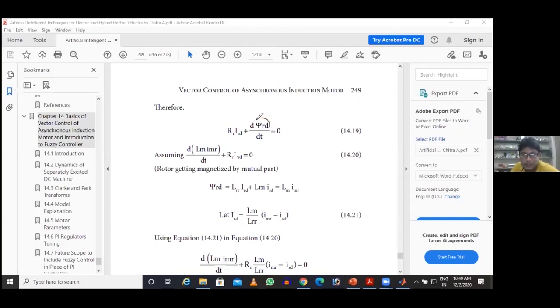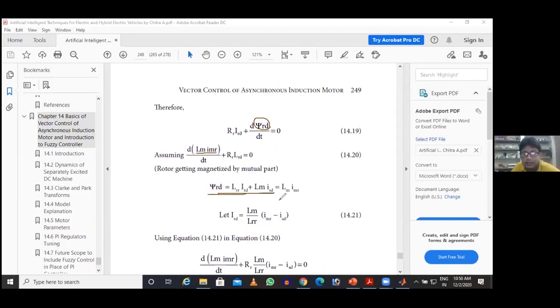Now this rotor direct axis flux, because there is no quadrature axis flux. When I am implementing the vector control, there will be no quadrature. The entire flux is the total flux, which is produced by the magnetizing current. So that's why I am writing mutual inductance into magnetizing current, because there is no electrical connection, there is an air gap. We know psi RD already, we know the equation.